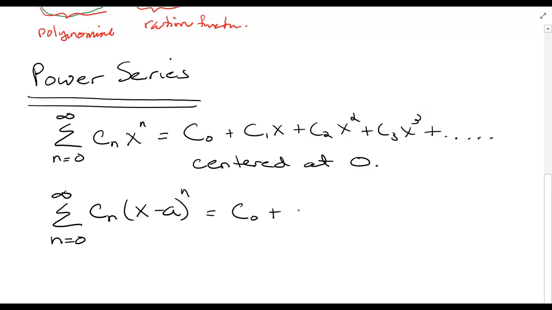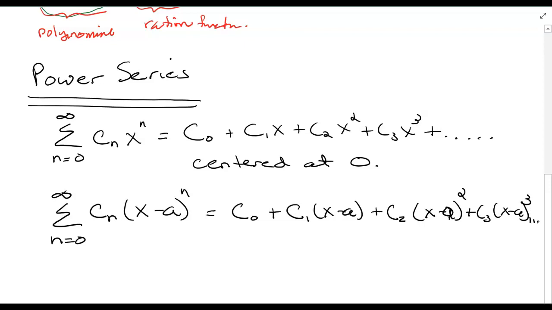C sub 0, if you expand it out, plus C sub 1 times x minus some value a, plus C sub 2 times x minus a, squared, plus C sub 3 times x minus a, cubed, and so on. And this is centered at a.